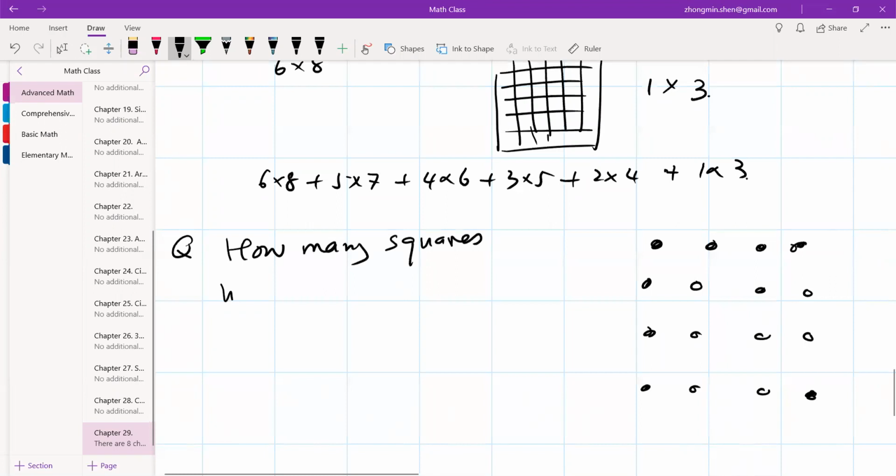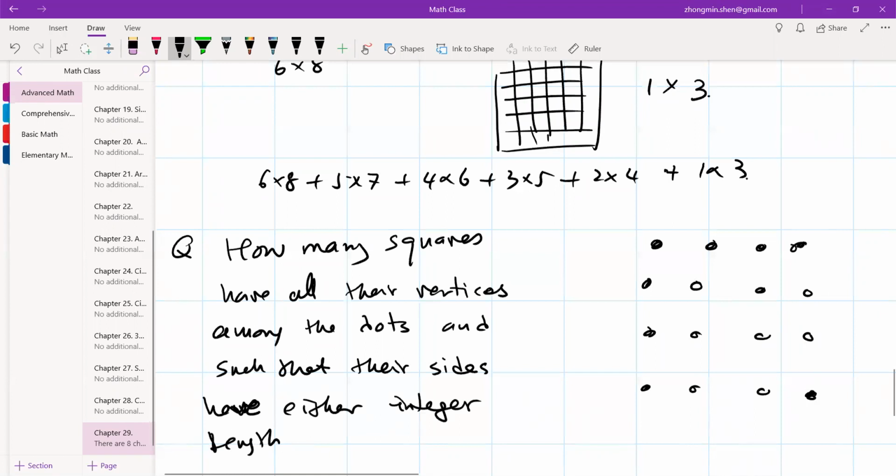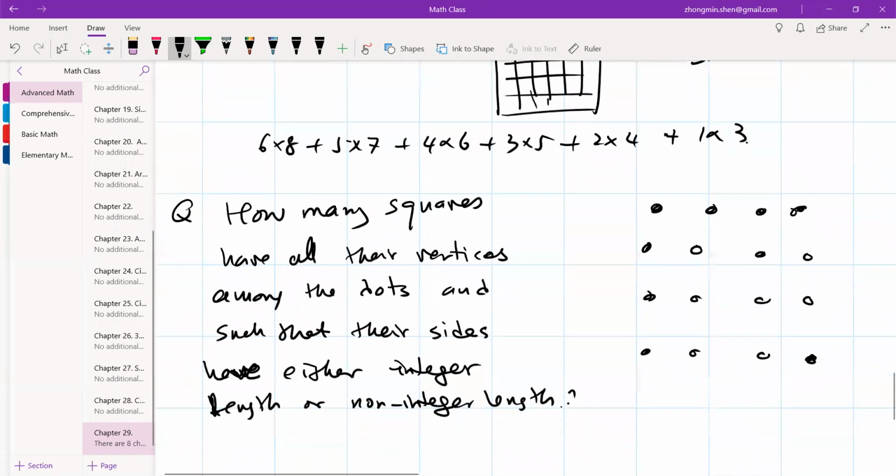How many squares? Right? So it could be integer length, could be non-integer length.